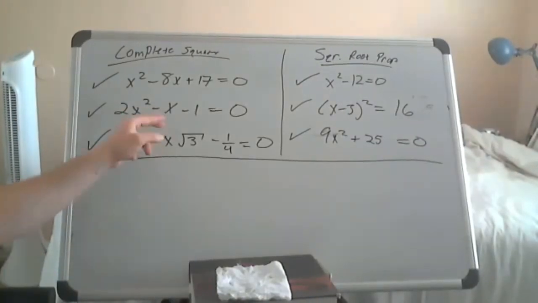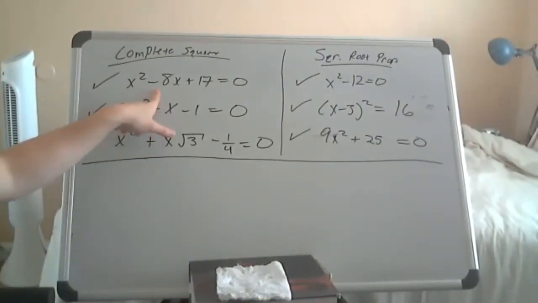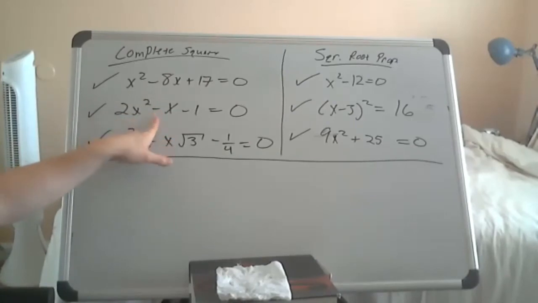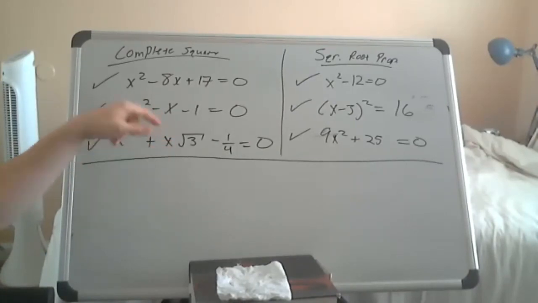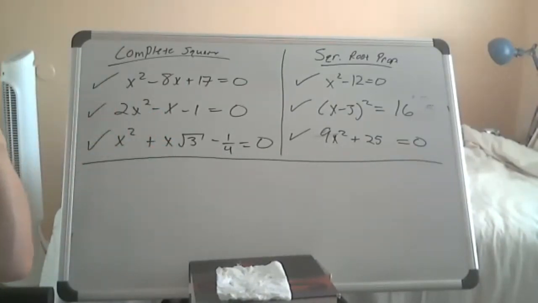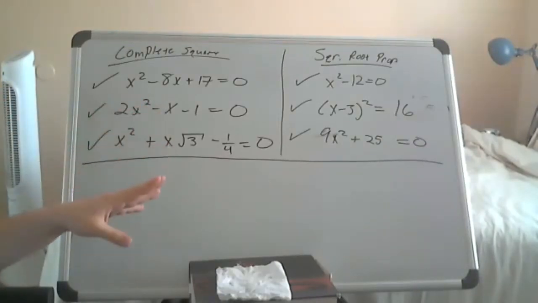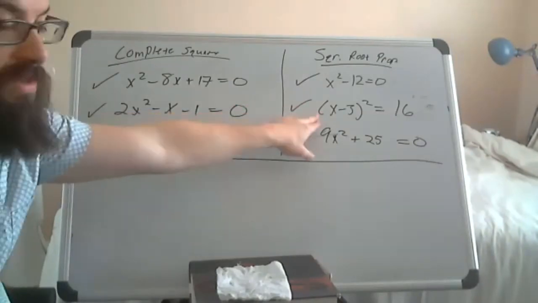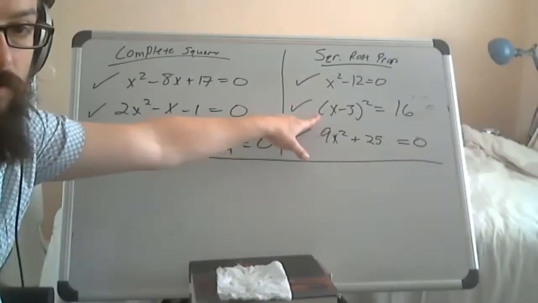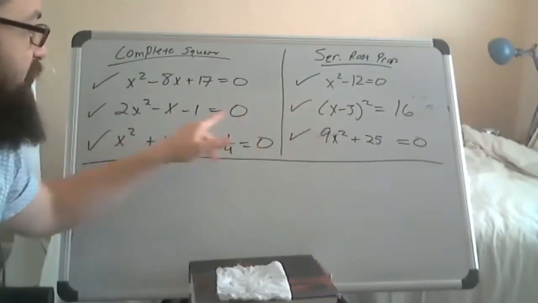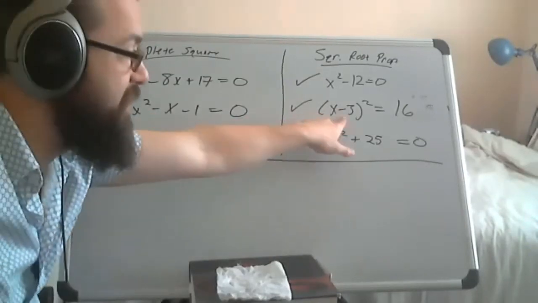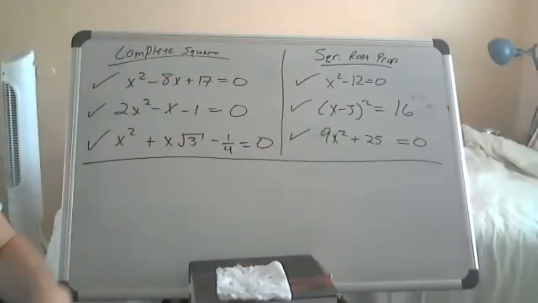In fact, in this one, the B here is -8, and the B here is -1. All it will do is when you get down to the completed square, if this B is negative, then inside is going to be negative. That's the only thing that'll make a difference. Okay.